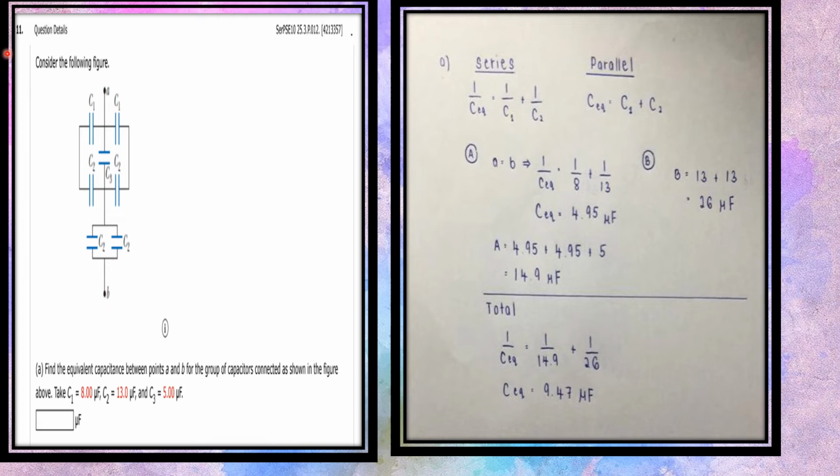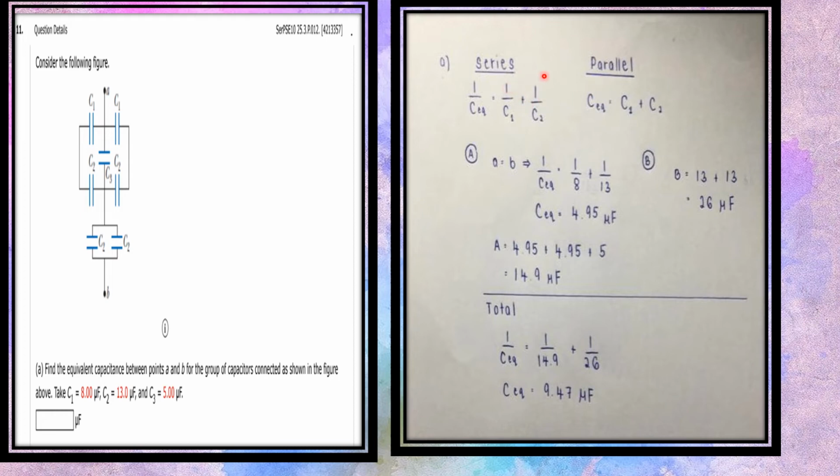Okay, the first question is: find the equivalent capacitance between points A and B for the group of capacitors as shown in the figure above. Take C1 as 8 microfarad, C2 as 13 microfarad, and C3 as 5 microfarad. In this question, the equations that we need to use are the series and parallel equations for capacitance.